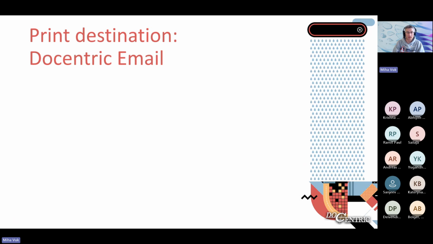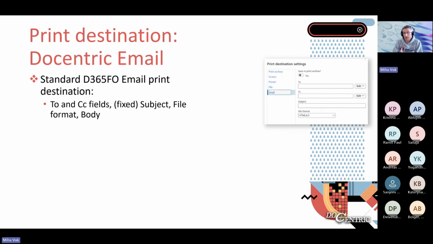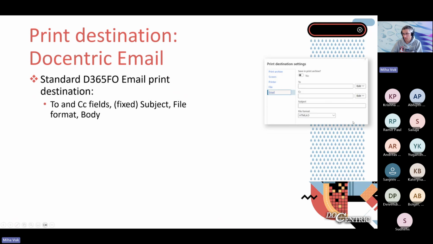Okay. Now let's go to our first print destination, the Docentric email print destination. Standard email print destination has just the basic fields: to, CC, subject and the file format. And now lately they've also added the static editor for email body.